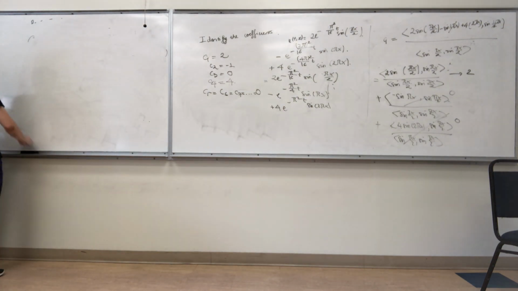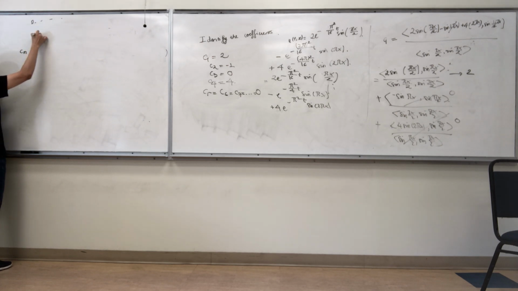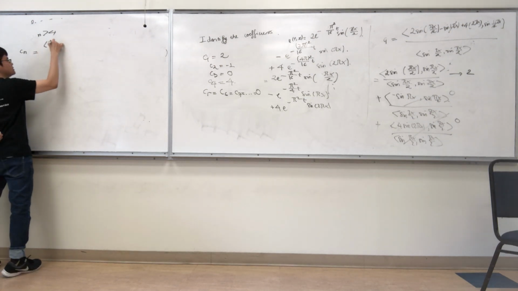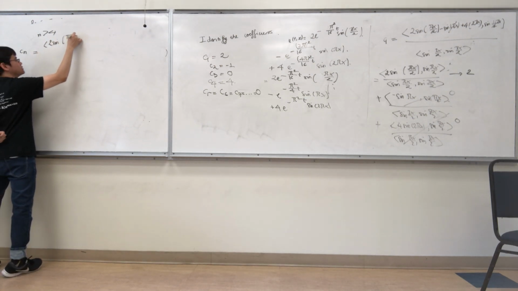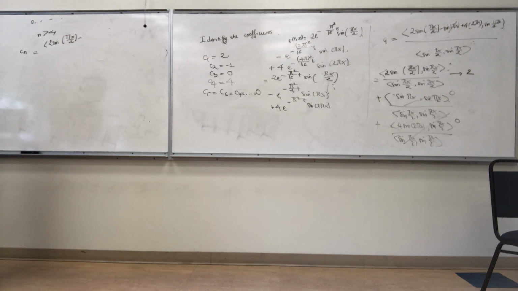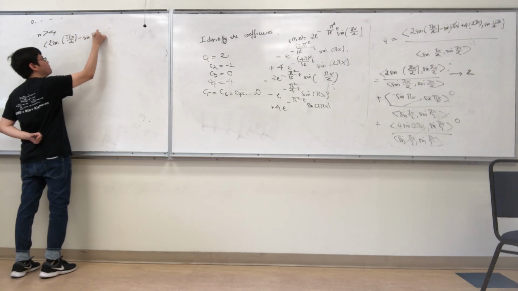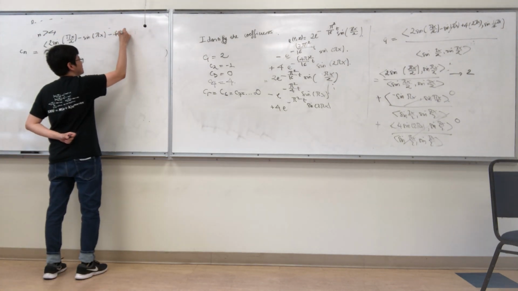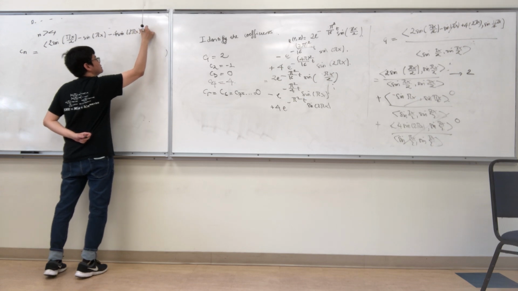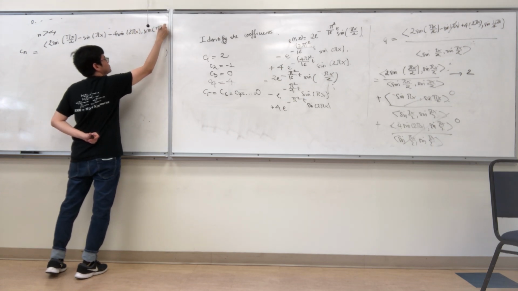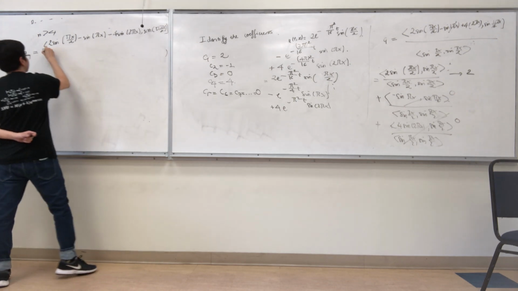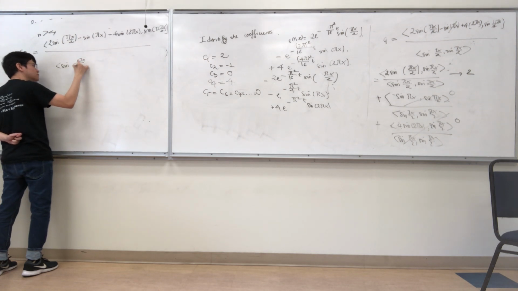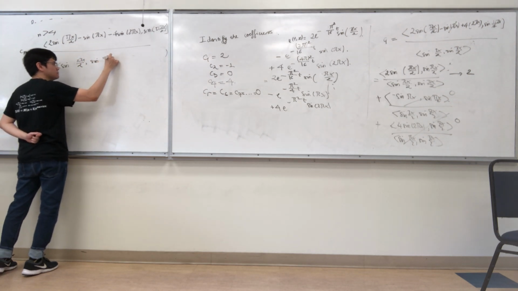So what is Cn? Well, say n is greater than 4, right? Cn will be 2 sinus of pi x over 2 minus sinus of pi x minus 4 times sinus of 2 pi x, times sinus of n pi x over 2, divided by sinus of n pi x over 2 times sinus of n pi x over 2.